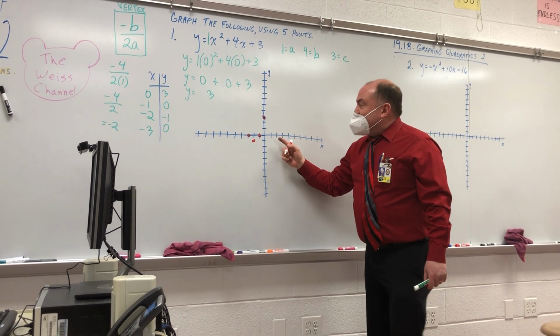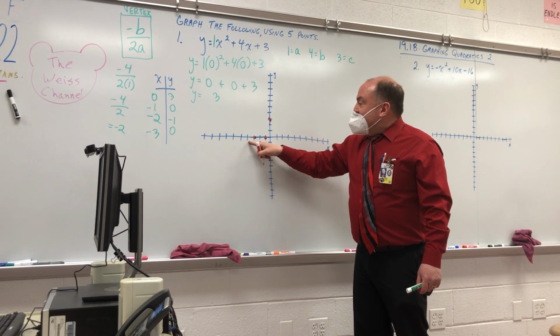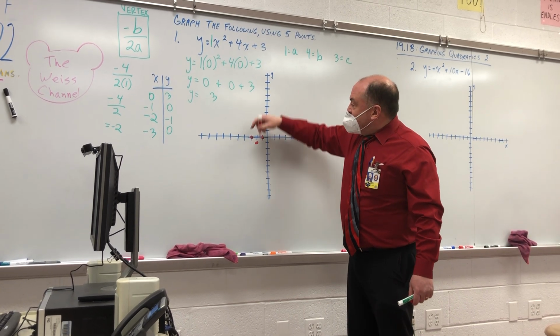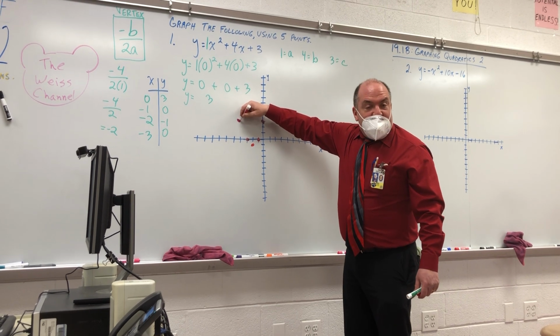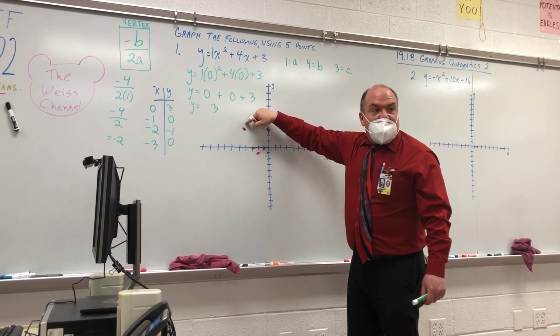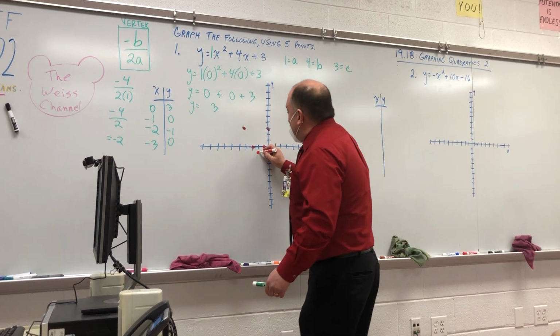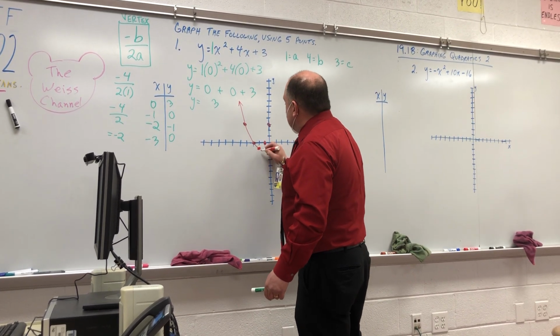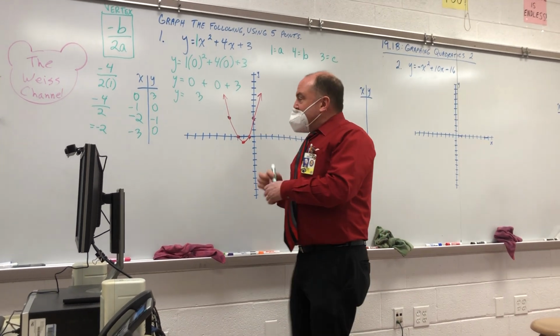Guess what? If 0 is 3, what do you suppose negative 4 has to be? 3 has to be. On Delta Math, the moment you plot this fifth point, it will automatically draw your graph for you. Done.